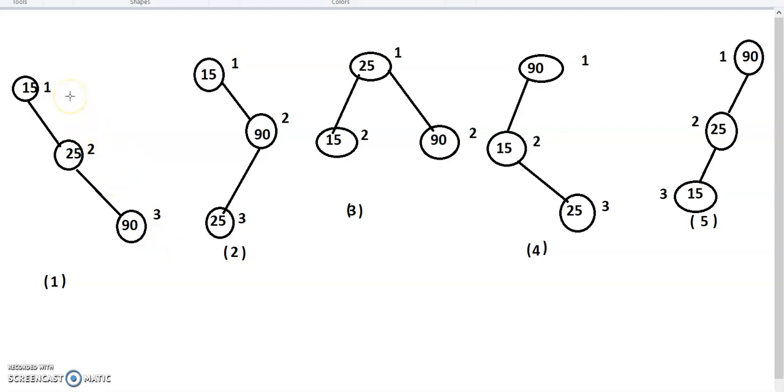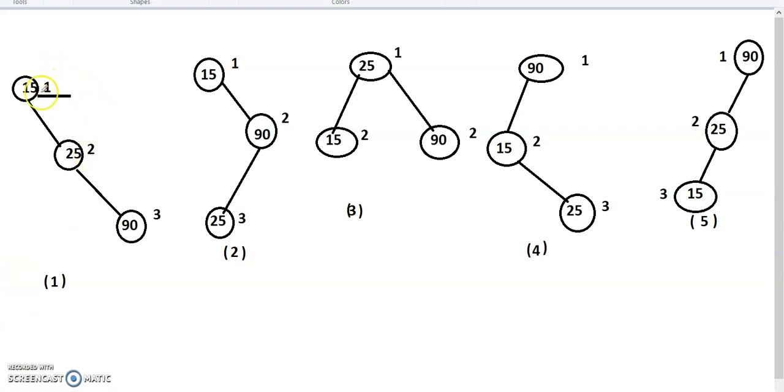If we want to search for 15, in one comparison we will get 15. If we want to find 25, we need to do 2 comparisons.